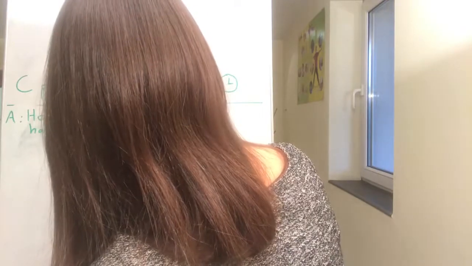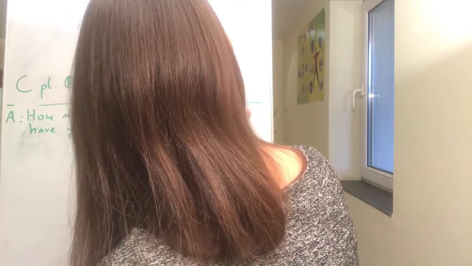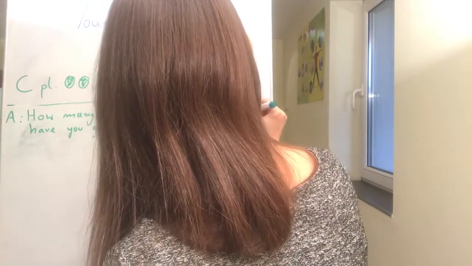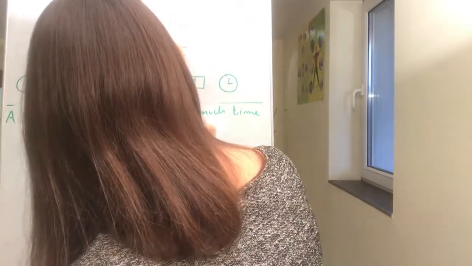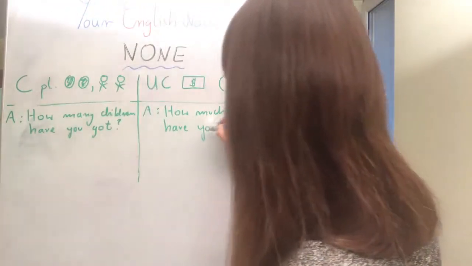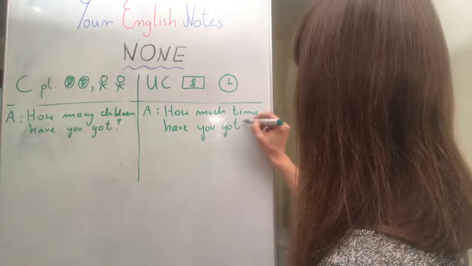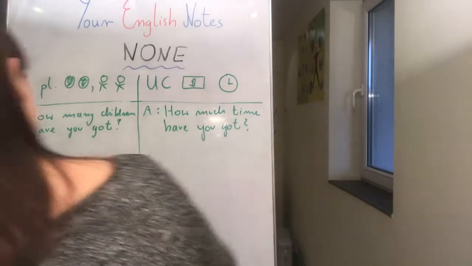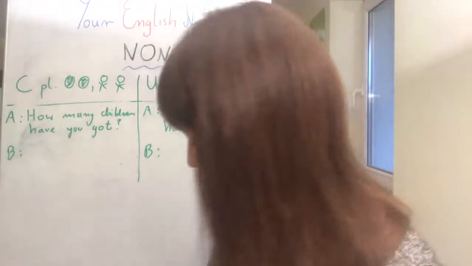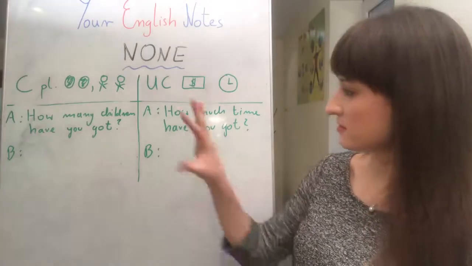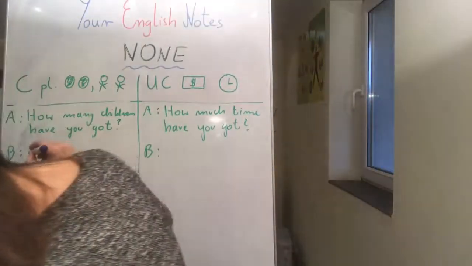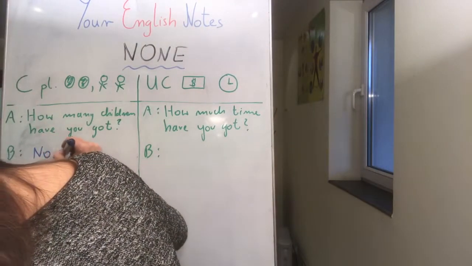And here someone asks us a question, for example, how much time have you got? Now when we answer, we don't say the word no and we don't say the word any. This is the moment when we can use none.